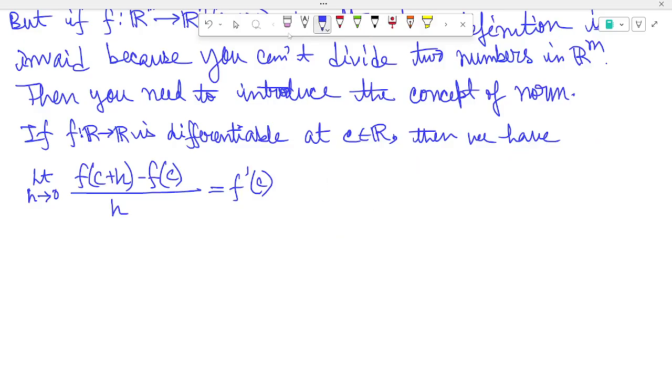Right? You agree with me? That is limit, h tends to 0.